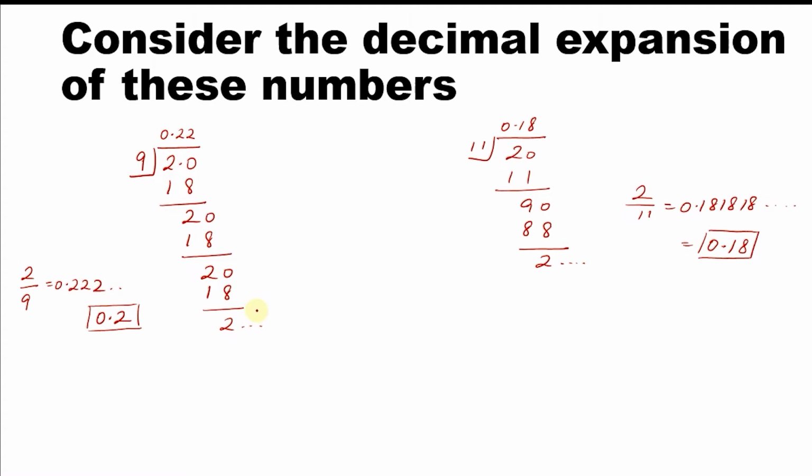In another kind of example, we are dividing 20 by 11. And here also the remainder will never become 0, but there's a small difference in this example. There is a complete block of digits which is getting repeated. So the answer becomes 0.181818 till infinity. That means 18 is a complete block which is getting repeated again and again.